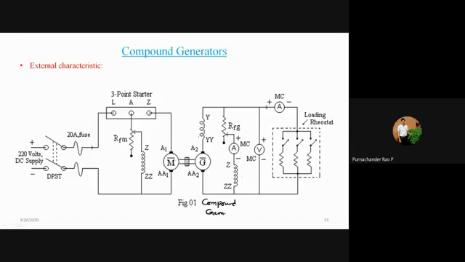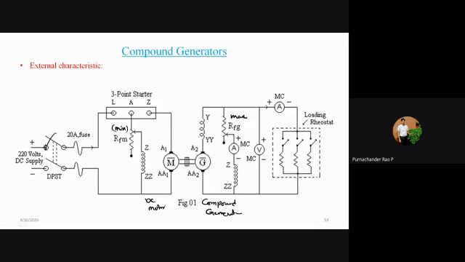This is the generator, and this is the DC motor coupled to the compound generator. This is a laboratory experimental setup for conducting the external characteristics. Initially this RFG will be kept at the maximum value, and this RFM is kept in the minimum position.